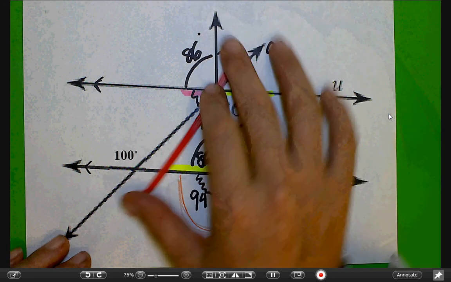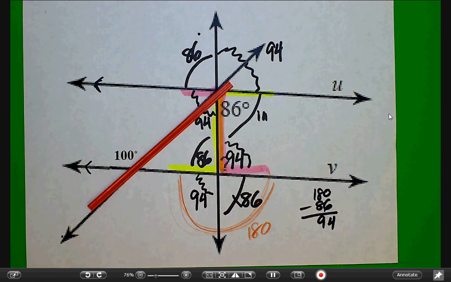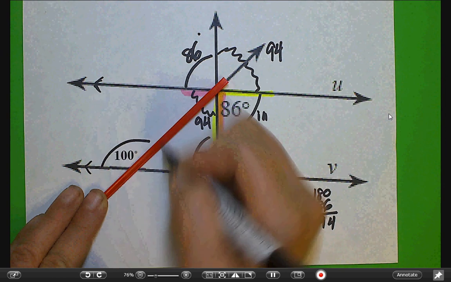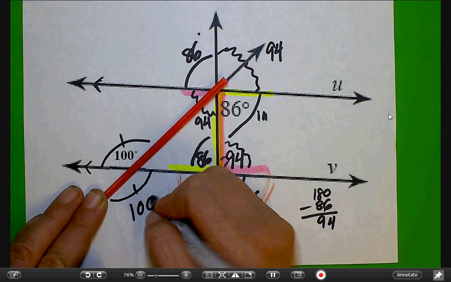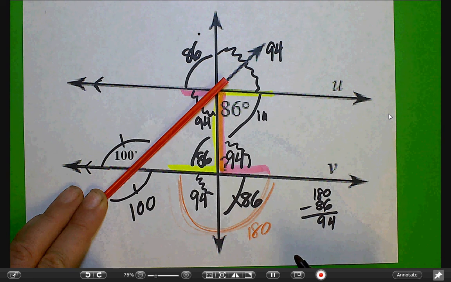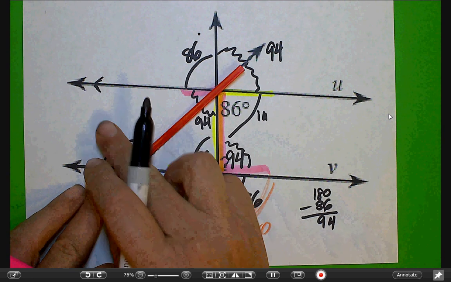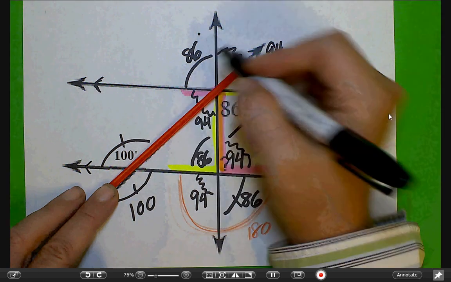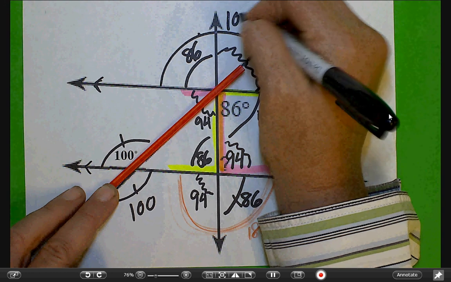Let's move our stir stick and let's work this side. Ready? If this is 100, we have a vertical angle here. That's 100, right across from each other. Now we're going to do alternate exterior. Go across the stir stick to the outside, all the way from there to there.